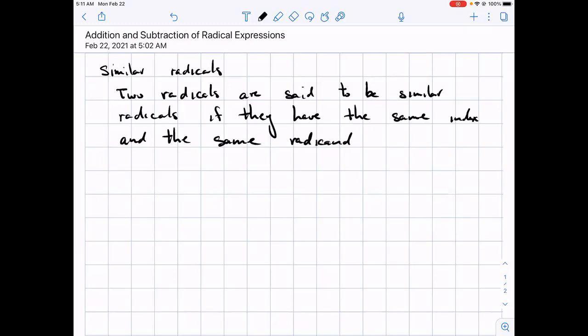So remember what the index is and what a radicand is, right? If we have a root, this here is your radicand, and this here is your index.